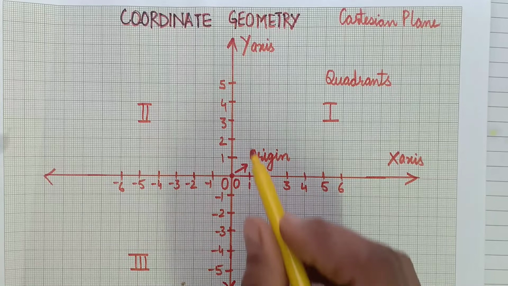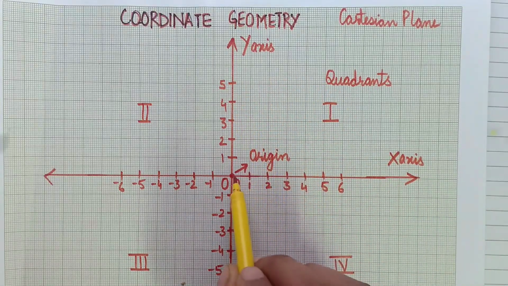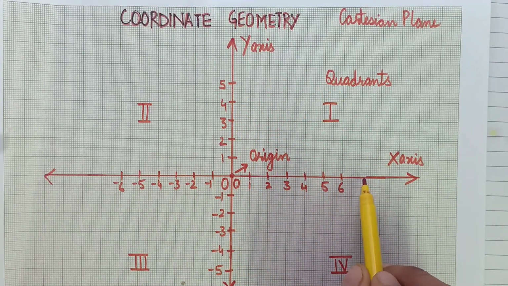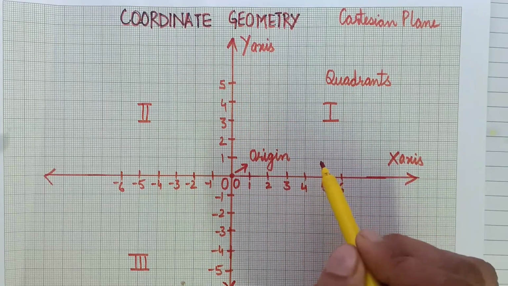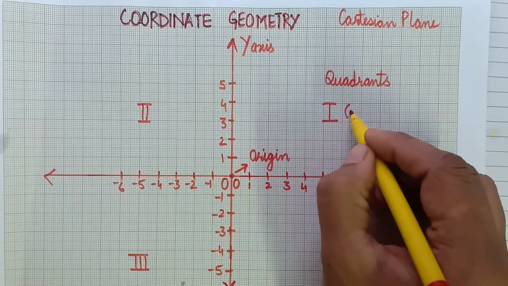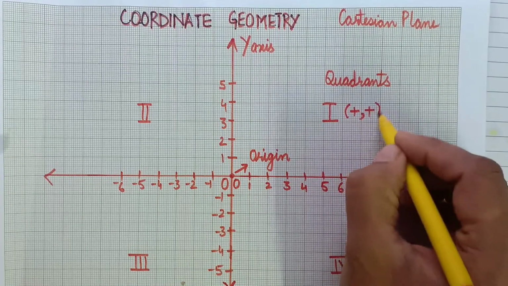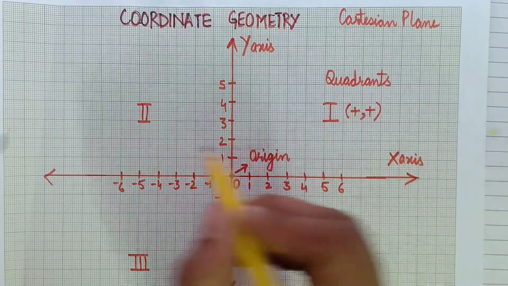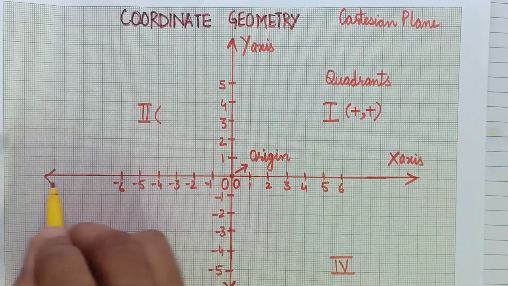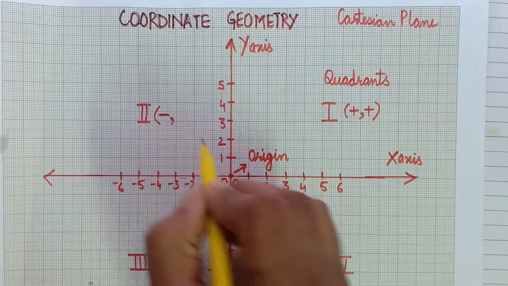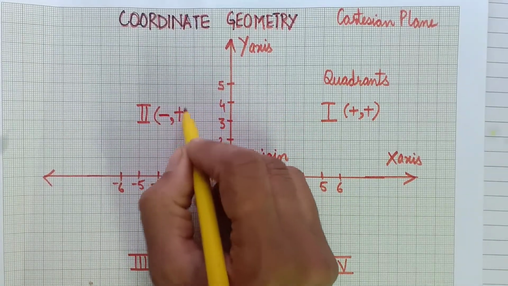After this, in the first quadrant, we can see there are only positive values for x and again positive values for y. So any point in this part will have both positive values. In the same way, in the second quadrant, the value of x, that is the horizontal line, is negative and the vertical line is positive.